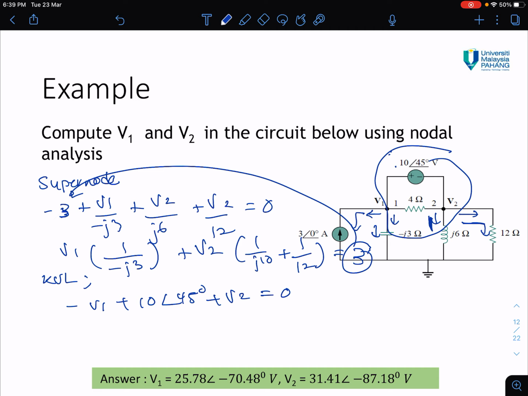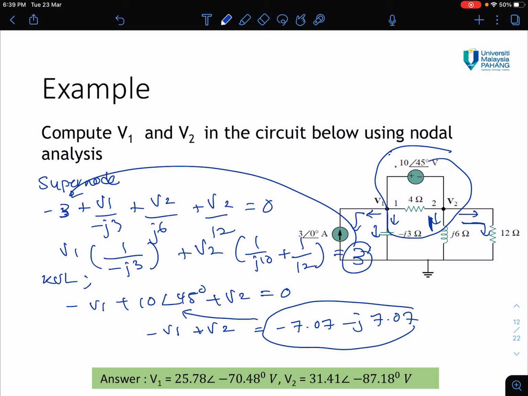And then we can rearrange the KVL equation as minus V1 plus V2 equals minus 7.07 minus j7.07. This part actually comes from 10∠45 degrees. When we move it from the left-hand side to the right-hand side, I think it's good to use rectangular form because we must be aware of the positive and negative signs. That's why I use rectangular.